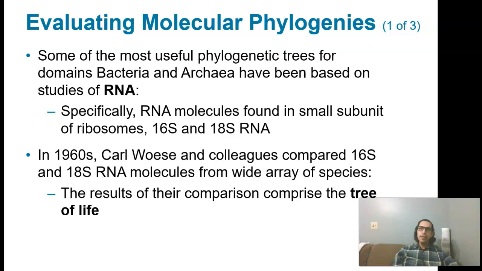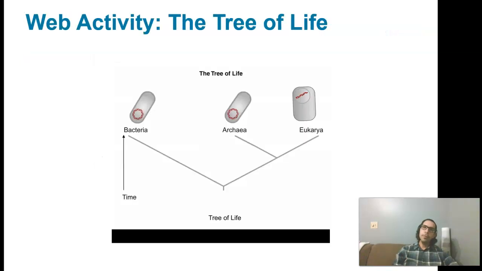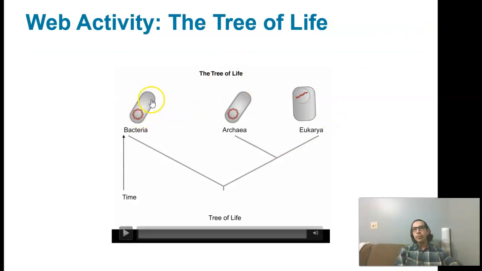In the 1960s, Carl Woese and his colleagues compared 16S and 18S RNA molecules from a wide array of species. What they came up with after analyzing the sequences was the tree of life. I think I've already covered this in lab, but this shows you the relationships among bacteria, archaea, and eukarya.